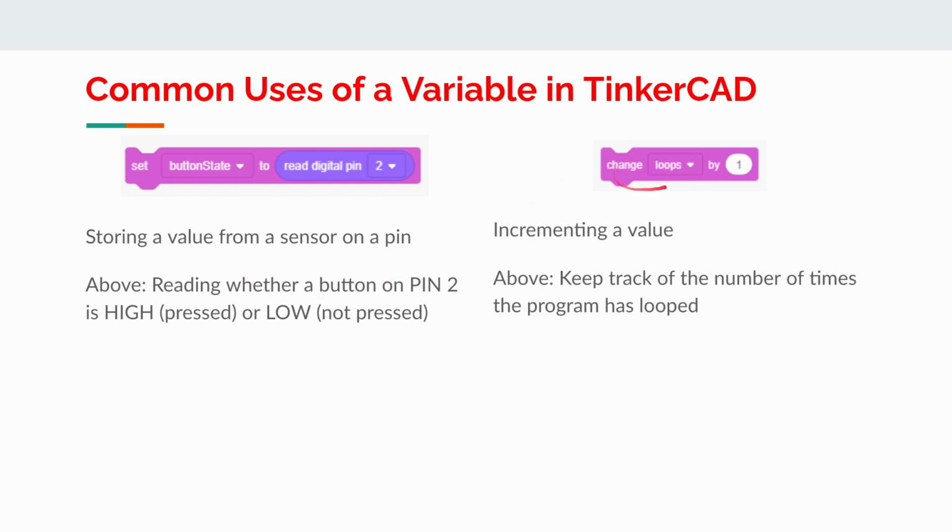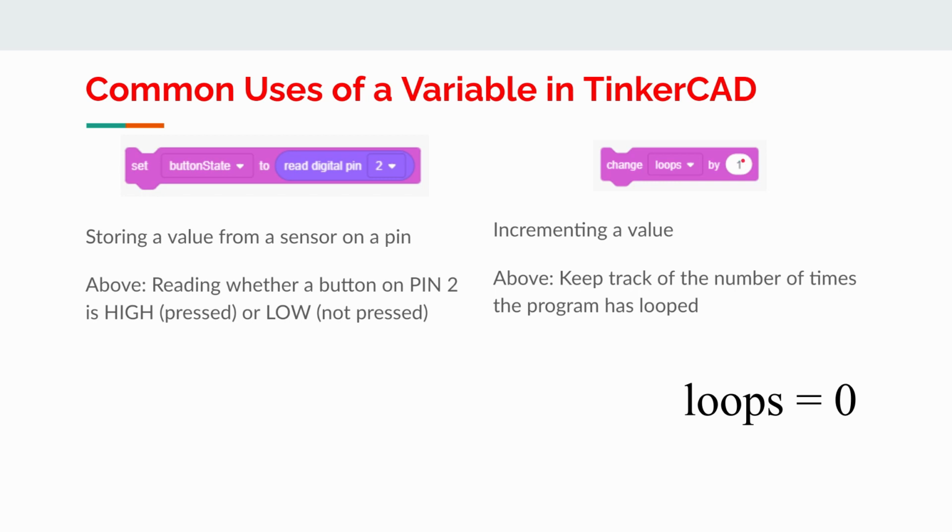Now on the right side here, we can see something a little bit different. This one doesn't say set variable. This one says change variable. So this one is going to increment the value. What that means is it's going to be adding on to it. So let's say the value of loops is 0 right now. Well, if we have this block in our program and the loop goes through once, well, we incremented loops by 1.